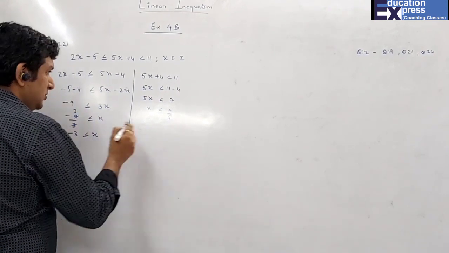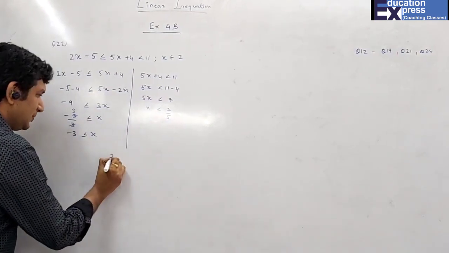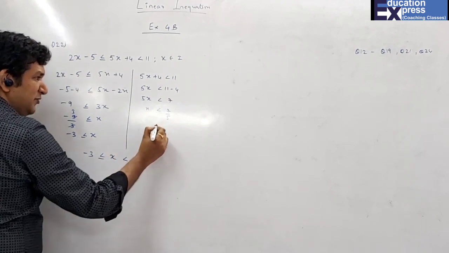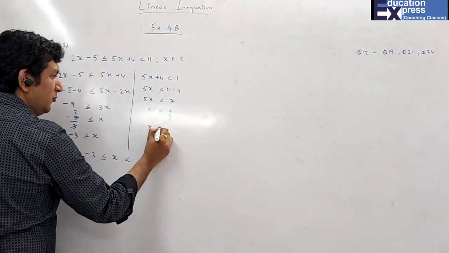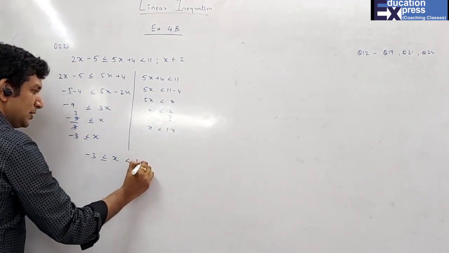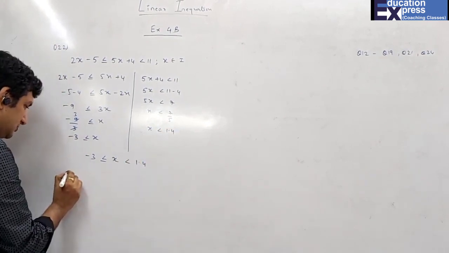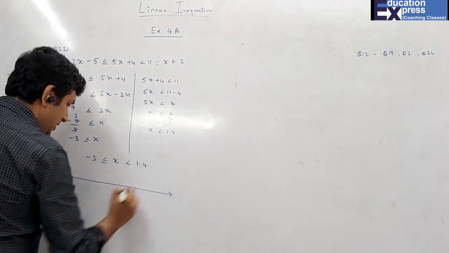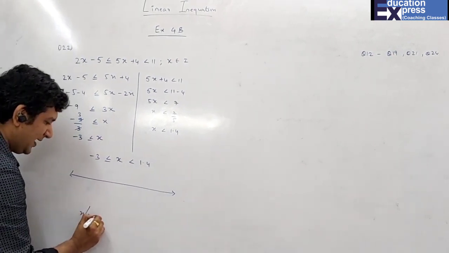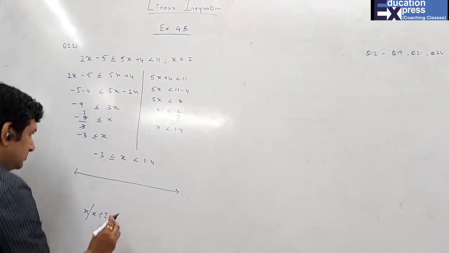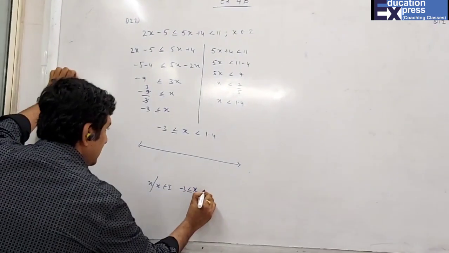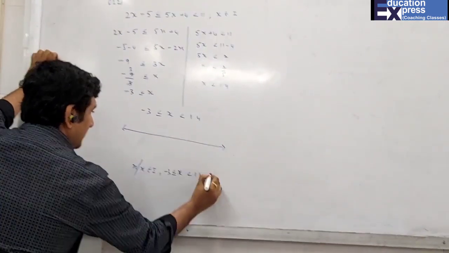So now I can see, students, over here, if I combine this, I get x is more than or equal to minus 3 and this is 7 upon 5, which is nothing but 1.4. So integers x such that x belongs to integers and x is more than or equal to minus 3 and less than 1.4.